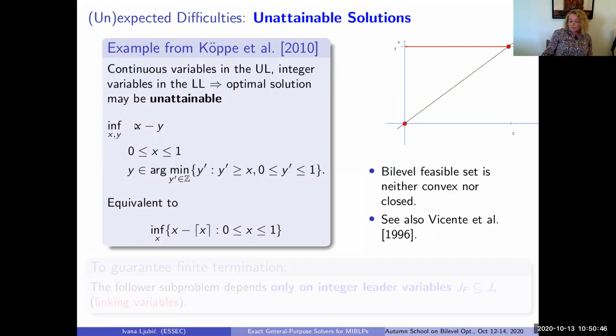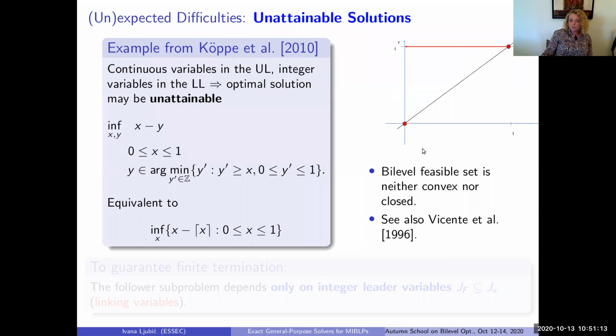You want to find the minimum of x minus y, and the optimal solution of the lower level is simply stating that y has to be greater or equal than x, y is between 0 and 1, and you minimize y, okay? So if we try to graphically represent the solutions of this problem, this is what happens.